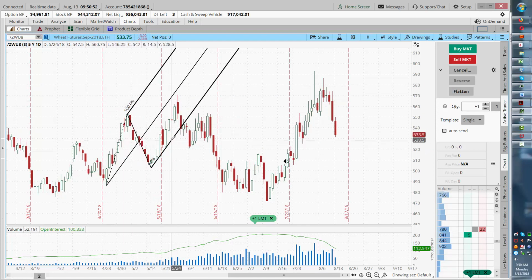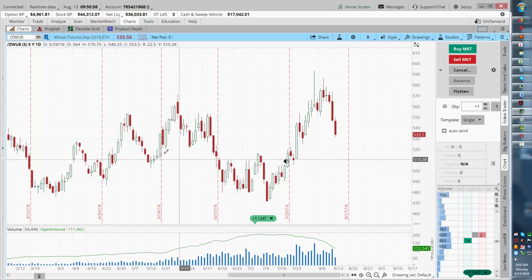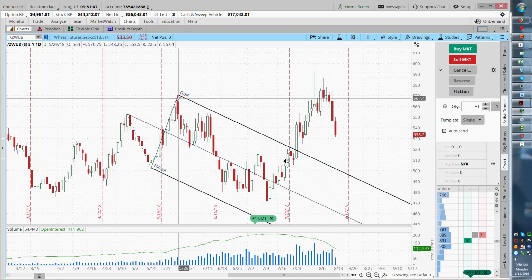These here are your parallel lines, what Andrews would call H's, and you can draw this for prices going up or for prices going down. Very simple.